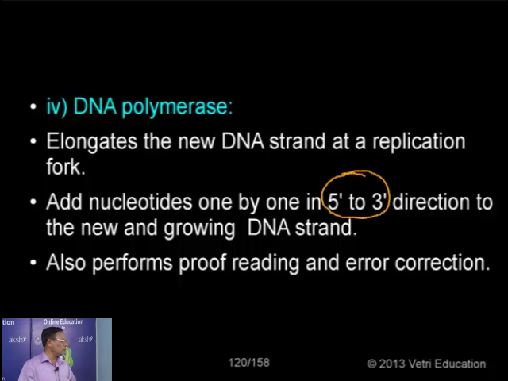So the main role performed by DNA polymerase is not only the polymerization process but also proofreading after the DNA has been completed. Any error in the DNA molecule during synthesis is avoided, is removed. That is why there is little chance of mutation. If there is any error during the replication process, it always results in mutation. That is being prevented because of the enzyme DNA polymerase, because it is acting as a proofreader.